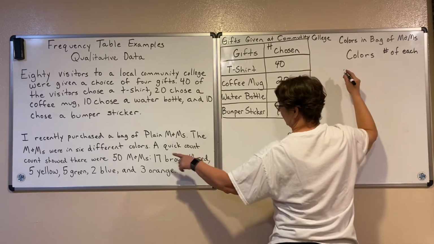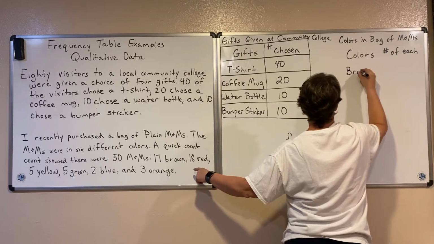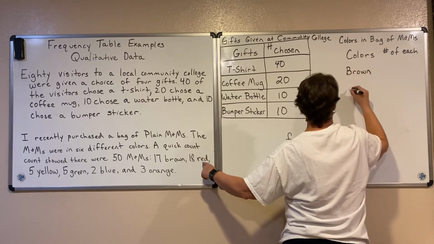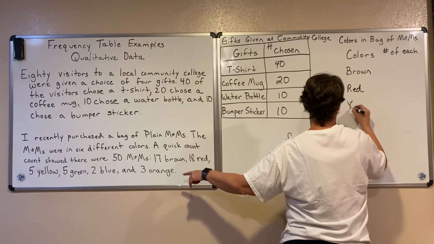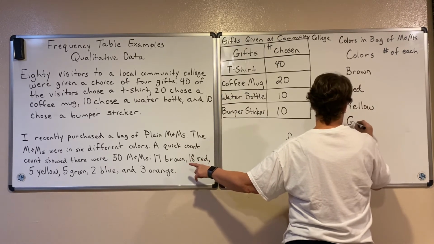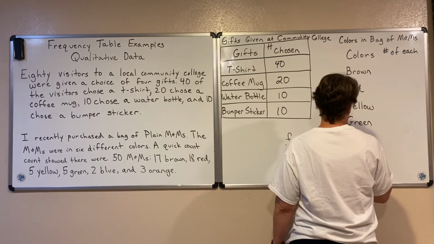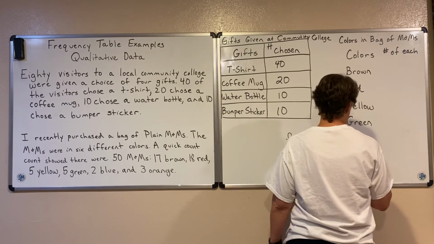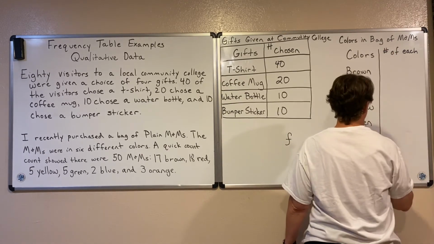Then I'm going to list my colors. My colors here were brown, red, yellow, green, blue, and orange. And then we just put the number for each one.